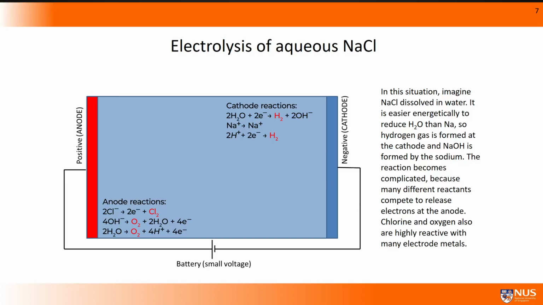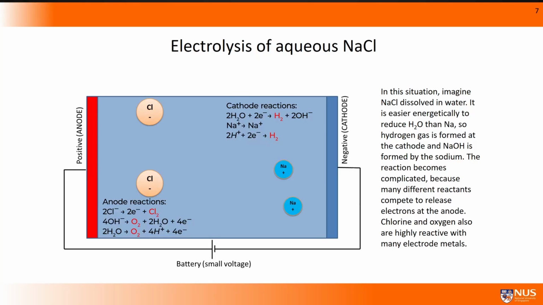A lot of metals will just react with chlorine, just like sodium does, and form some other kind of salt by reacting with the anode itself. Once your anode starts getting coated with some kind of salt, it starts to become an insulator, and it prevents the current from flowing. So this causes a lot of complications when this sort of reaction is used industrially to produce chlorine gas, for example.